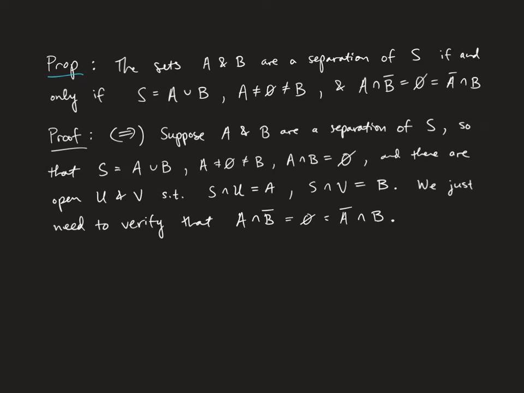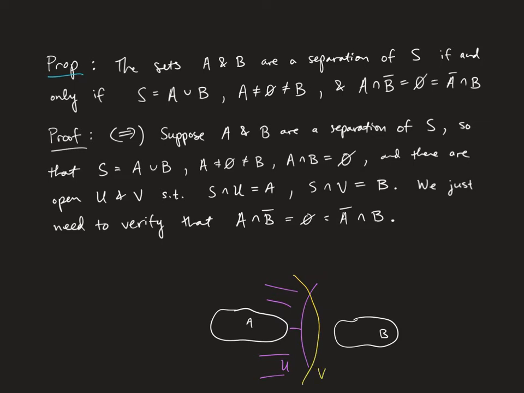So it's just the argument we gave above, but quickly and with the picture. If you have your A and your B, the picture is that you're going to have the set U over on this side, and then V is over here.